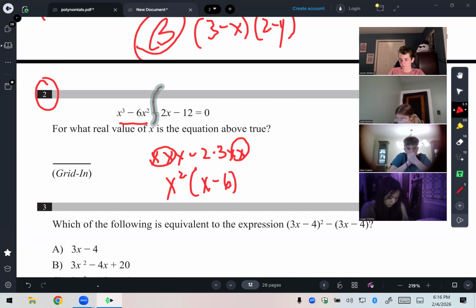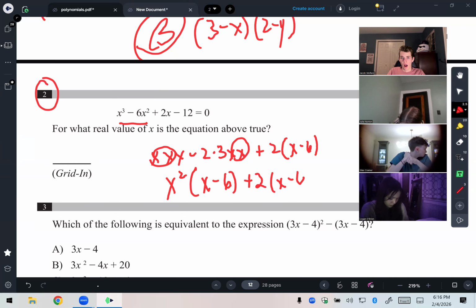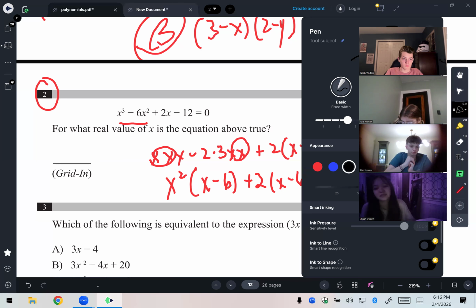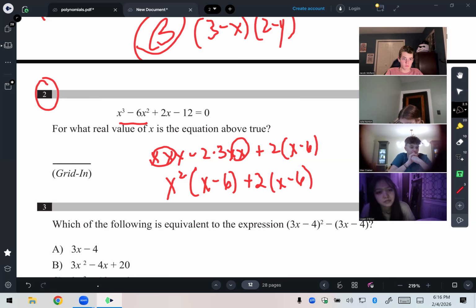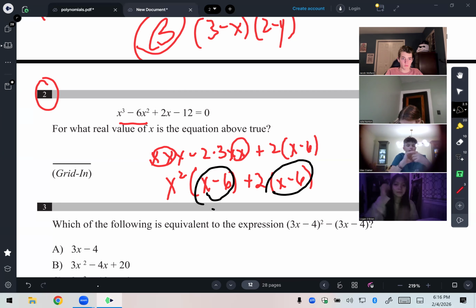And then I can sort of see that I can take out a 2 and get an x minus 6. So I make that x minus 6 twice, because now I could factor out all of the x minus 6s. That's the grouping method. So now I can take out an x minus 6 times the quantity x squared plus 2.